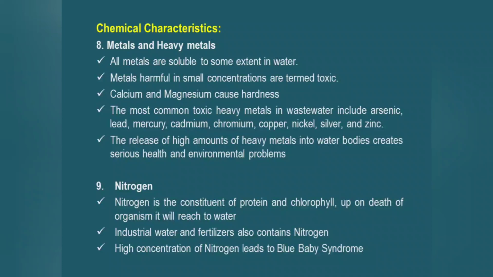Calcium and magnesium cause hardness in the water, and the most common toxic heavy metals found in wastewater include arsenic, lead, mercury, cadmium, chromium, copper, nickel, silver, zinc, etc. The release of a high amount of heavy metals into water bodies creates serious health and environmental problems.